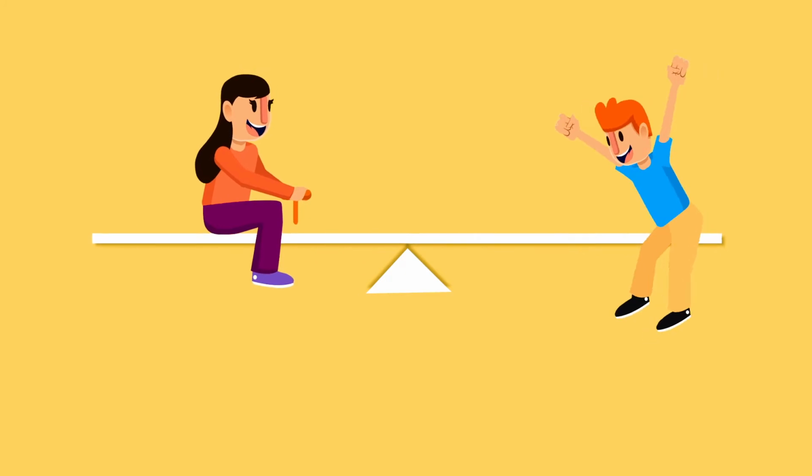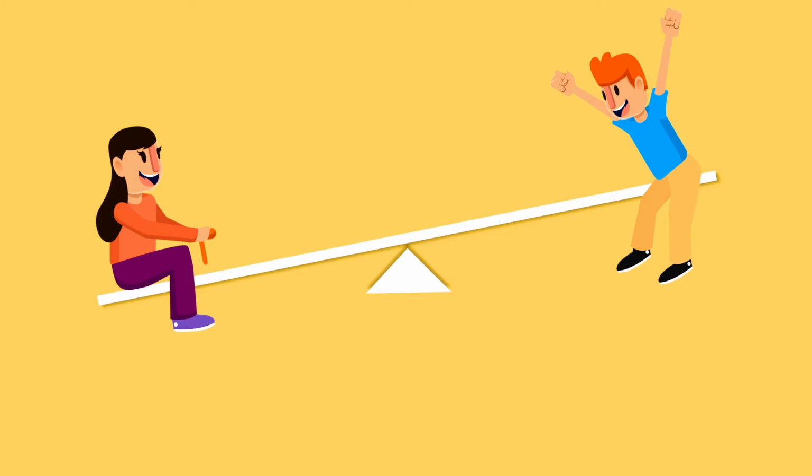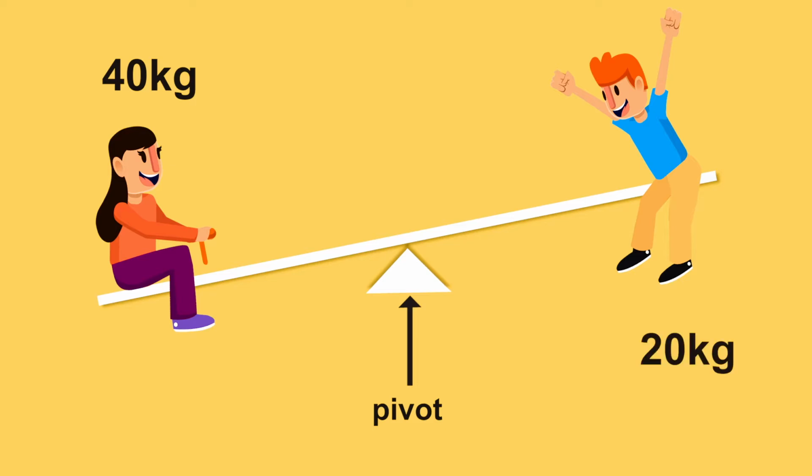The only thing is, they can't sit the same distance from the pivot. So if this is the pivot and we have one person who is 2 times the mass of another, they can't sit at exactly the same distances.